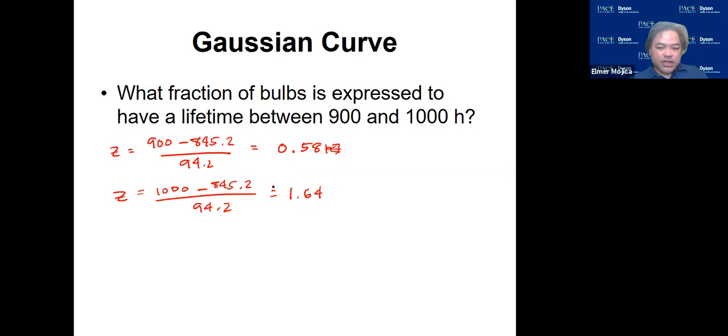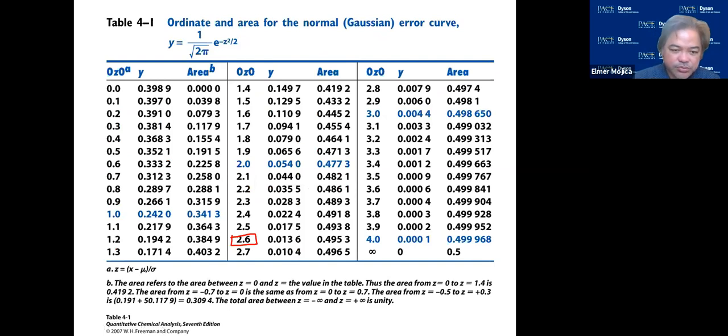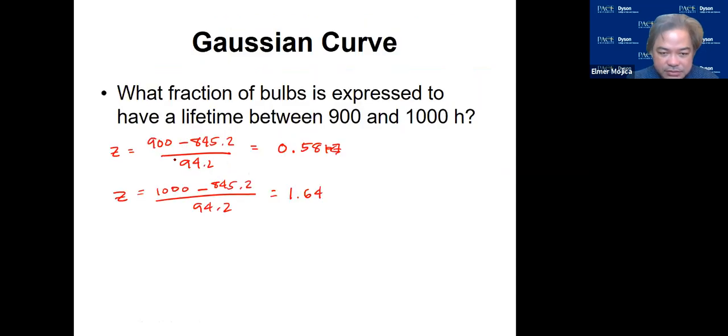Now, how are we going to get the value here? So I can just put here, look at the table. So you're going to look with 0.58, which unfortunately is not given. So maybe we're going to use the 0.6 here. So you're going to use the 0.2258.